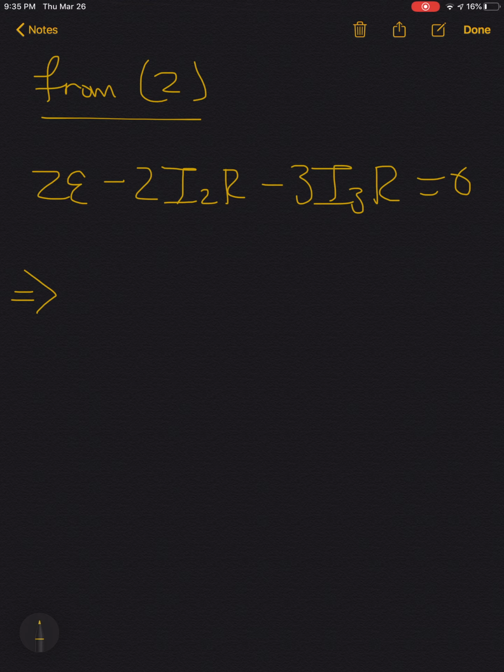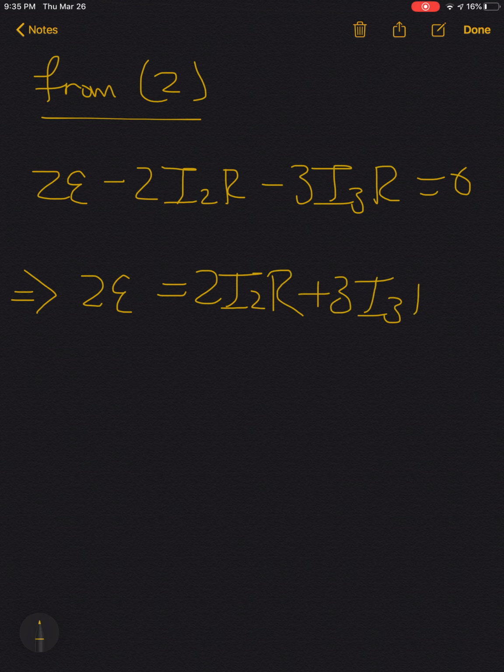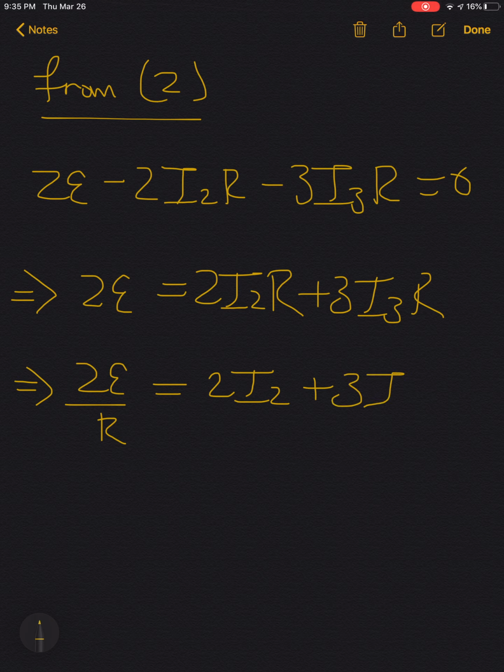So rearranging, we have 2E is equal to 2I2 times R plus 3I3 times R. Now we can divide by R on both sides. You get 2E over R is equal to 2I2 plus 3I3.